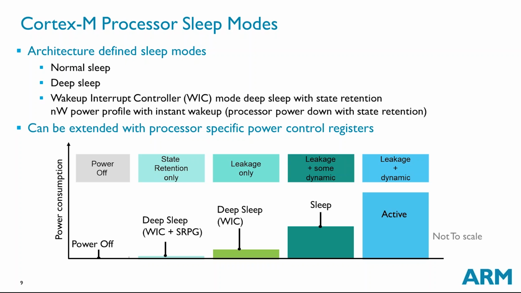The wake-up interrupt controller is used for interrupt detection during such a deep sleep mode, and when an interrupt comes in, the wake-up interrupt controller informs the power management unit to restore power to the processor, and then the processor restores its state and resumes operation. Most MCU vendors implement their own sleep modes on top of those that are defined in the architecture, with various power levels and wake-up procedures in their products.